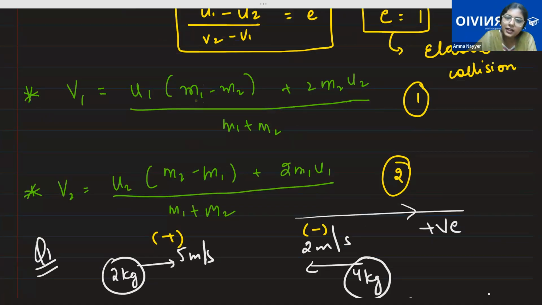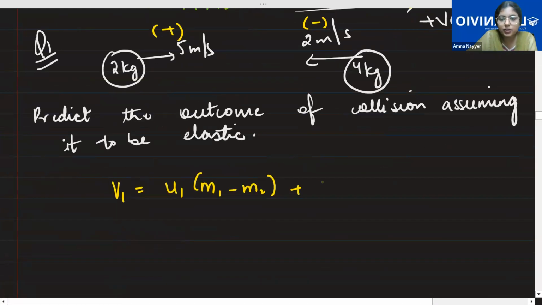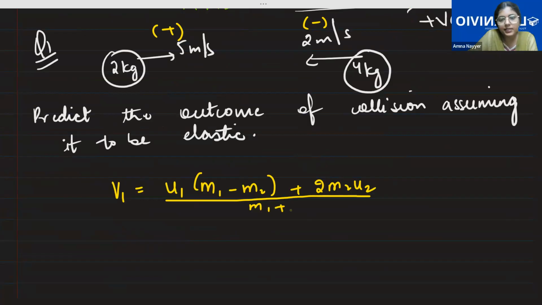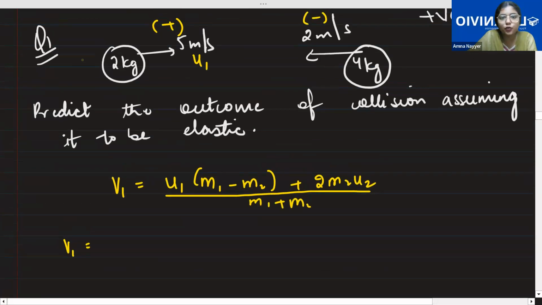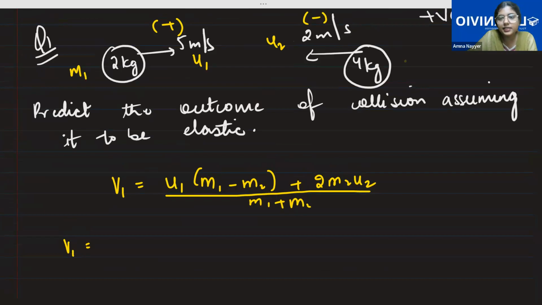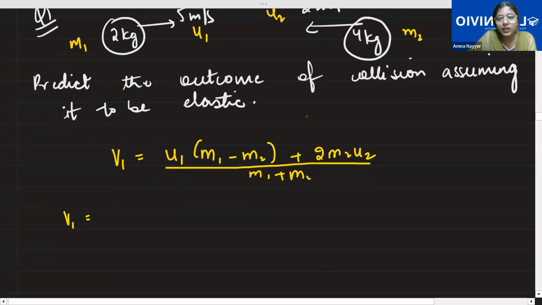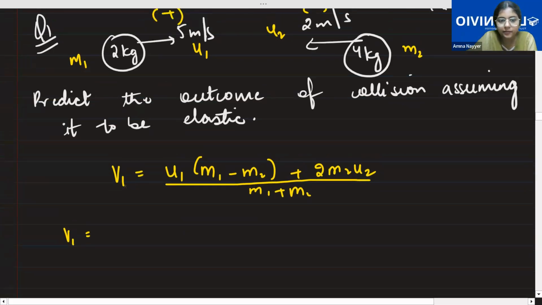Eventually you take the mass difference as positive only. Plus 2 m2 u2 divided by m1 plus m2. Here I'll have to put u1 is this. See, this is u1, this is m1, this is u2, this is m2. So one of you tell Neha, what should I keep on putting?